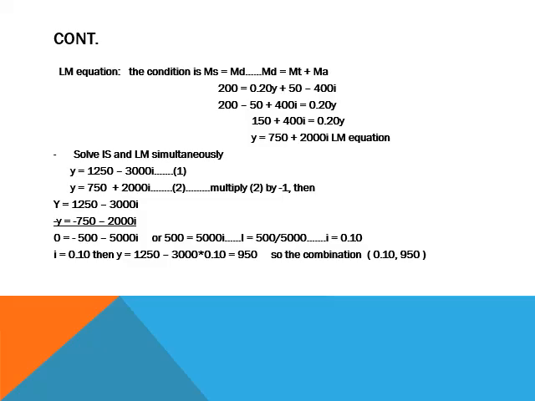Mainly this intersection point faces 0.10 on the axis of interest rate and faces 950 on the axis of income, or horizontal axis.